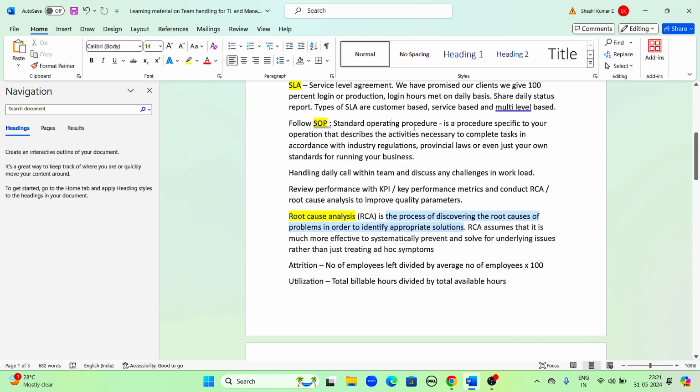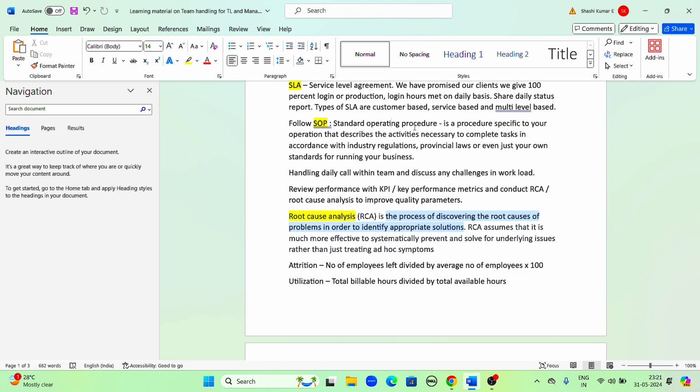It's a procedure specific to your operation that describes the activities which are necessary to complete the task in accordance with the regulations or laws, and it can also be for running your business. So there is a standard guideline in any process where SOP is followed.